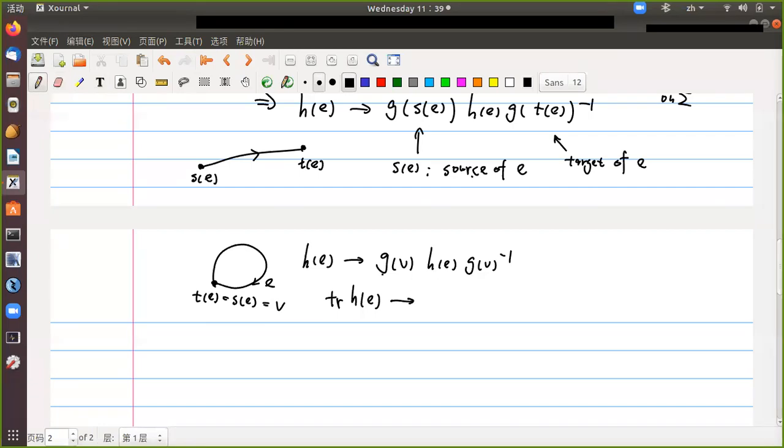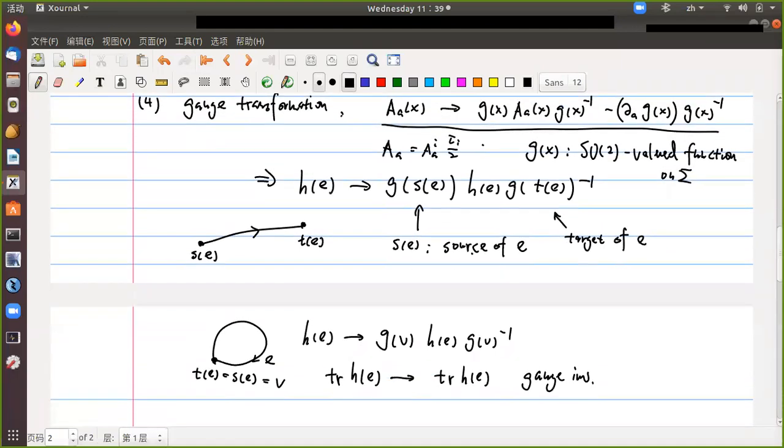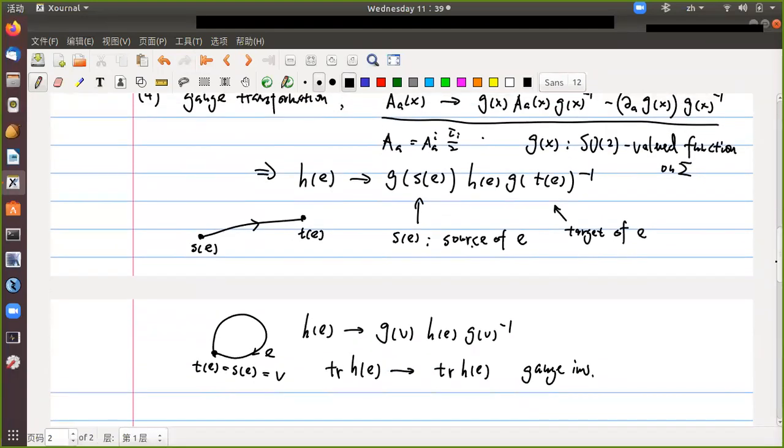When you take the trace, this g_V cancels this g_V inverse, which means the trace of H_e is gauge invariant. Because holonomy transforms nicely under gauge transformation, that's why we use holonomy.